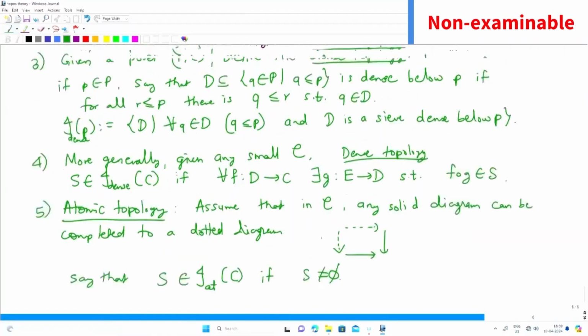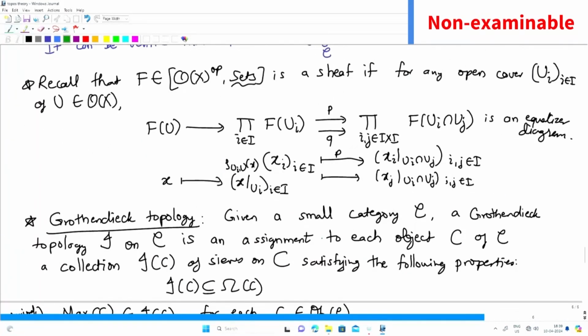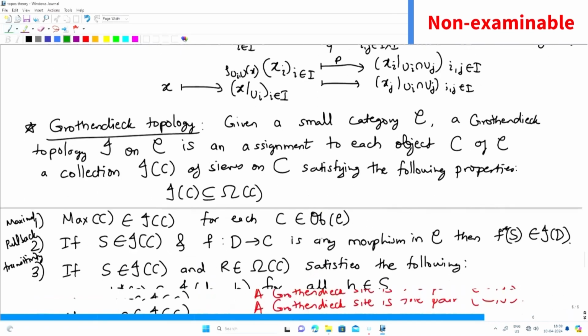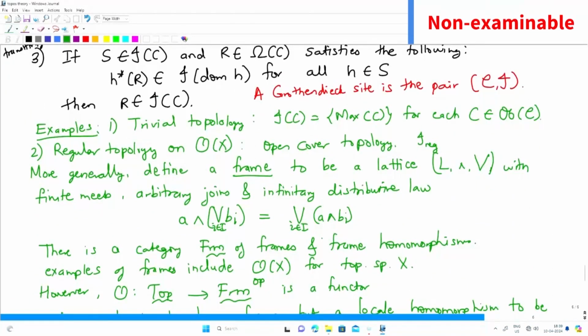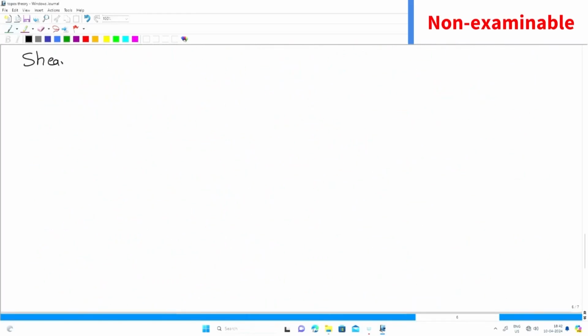Okay, now once we have seen some examples, let me go back to the motivating example, like a pre-sheaf is a sheaf if there is an equalizer diagram. Now we have to describe a similar condition for a sheaf on a site. Sheaves on a site, okay?